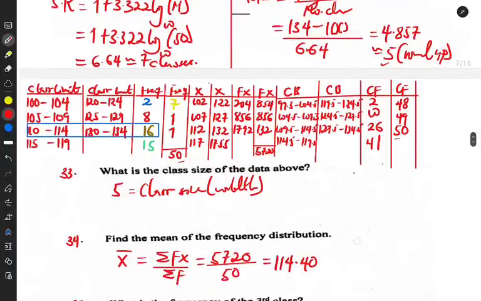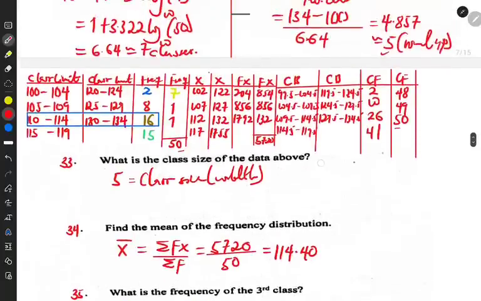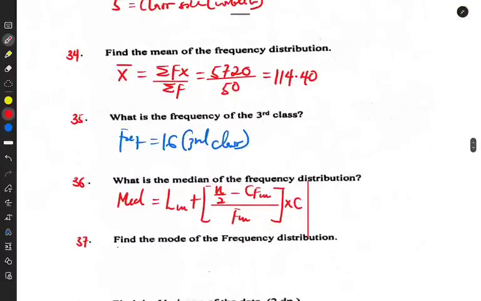So now we can go back to our formula and then calculate our median. So therefore, we can say that to calculate my median, I can apply it straight up. So the median should be the middle value. So for us to get the middle value of the data, we need to know the position.